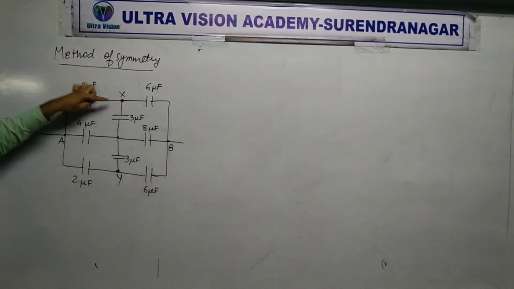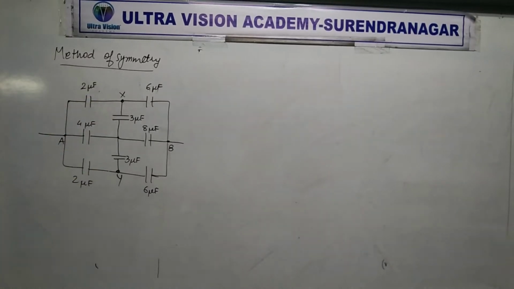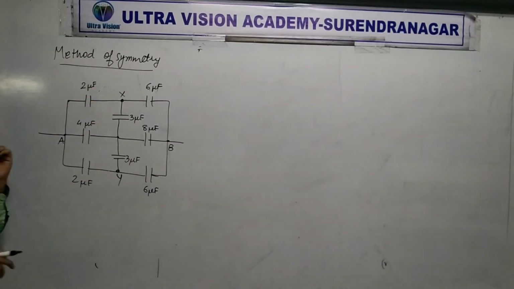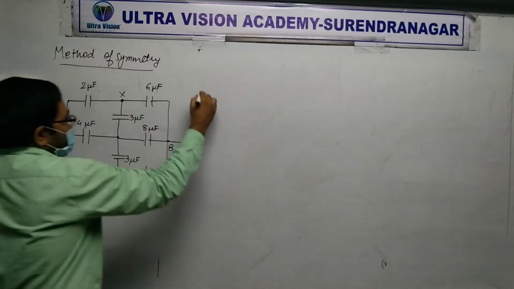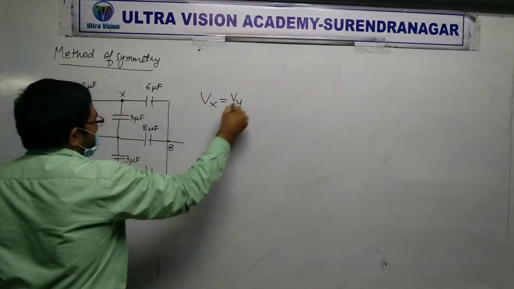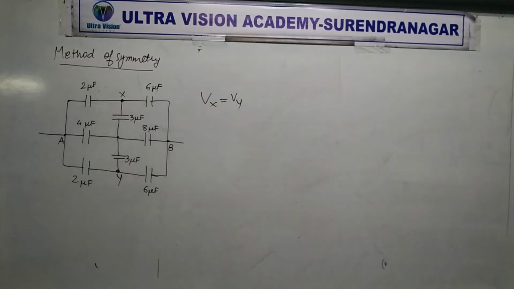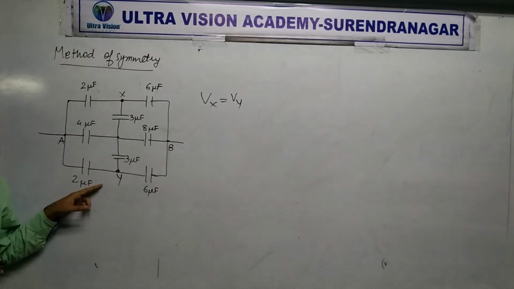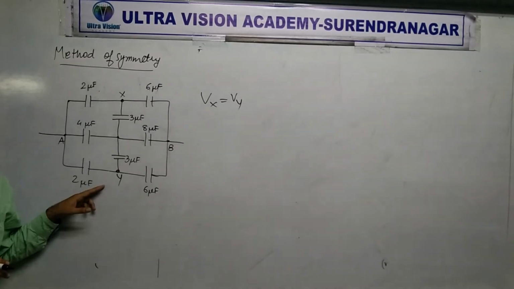That's only possible if the point here and the point here are the same. Clear? So what that means is, point X and point Y are the same in every way. Is that clear? Clear or not clear?